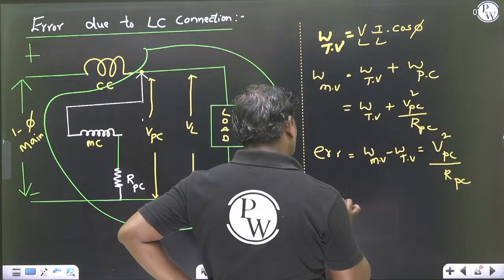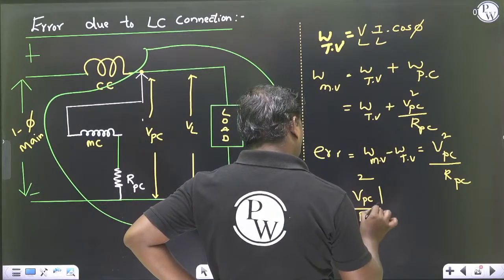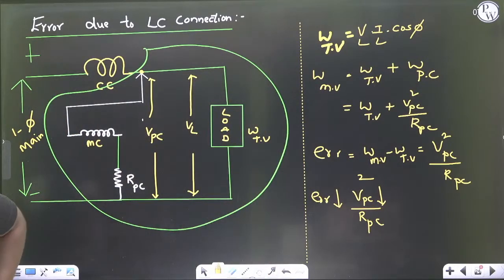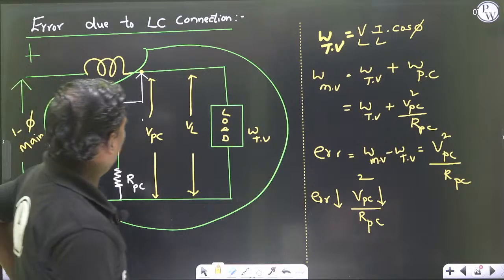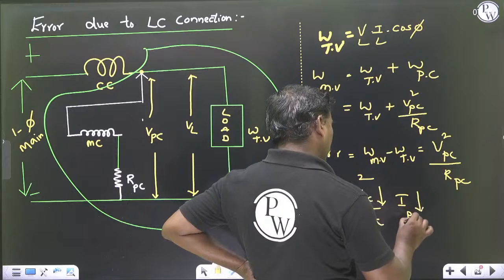If you are expecting error to be less, the VPC must be less. VPC must be less means IPC also less.